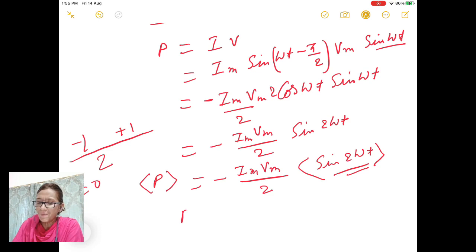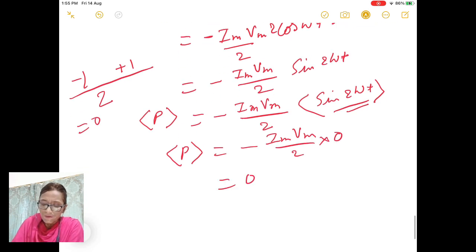So this term becomes equal to 0. Therefore, average power becomes equal to 0 only. So in a purely inductive circuit, power dissipation against the inductive reactance is 0. And this is why in so many places to offer resistance to the current, we do not use a resistor. We use an inductor or a capacitor.